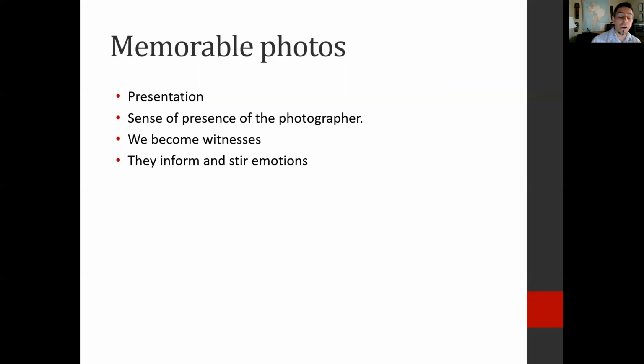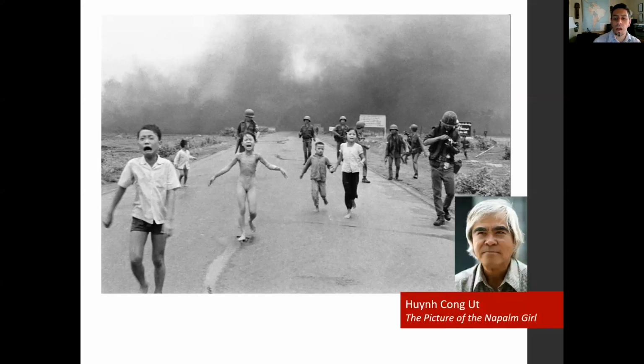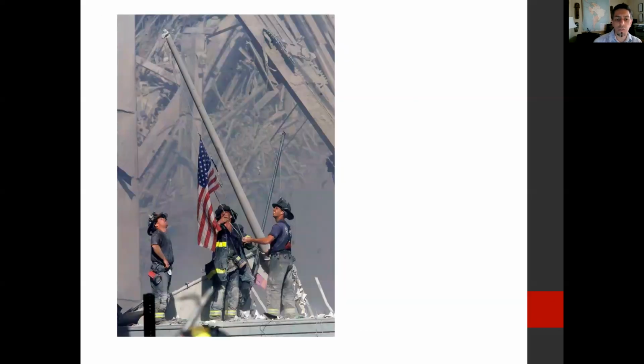And the other thing that's very important about memorable images is that they steer our emotions. They connect with us on an emotional level. So images that stay with us throughout history are very, very important, especially with war, poverty, hunger, neglect, etc. Here's one of those very iconic world images, the Napalm Girl by Kong Ut, a very, very memorable image.